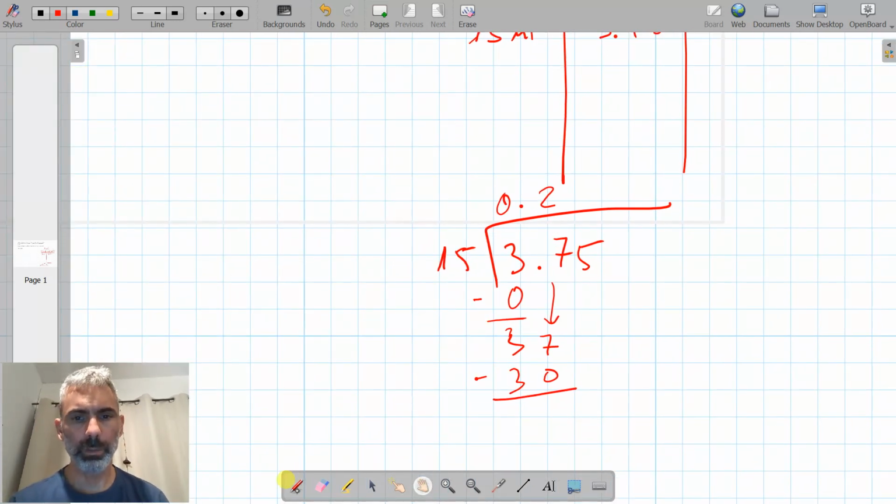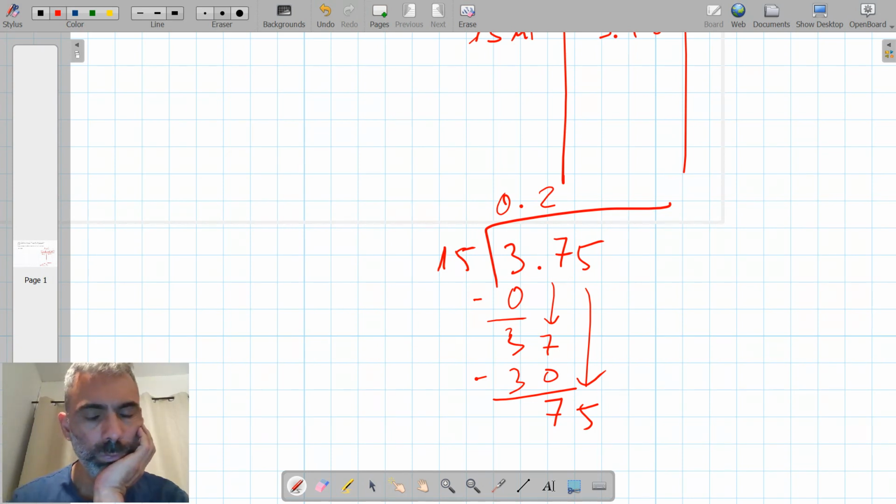And 7 remainder, bring down 5. 15 goes into 75 exactly 5 times. 5 times 5 is 25, 5 times 1 is 5, plus 2 is 7.